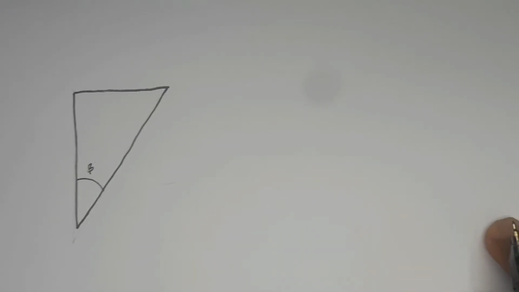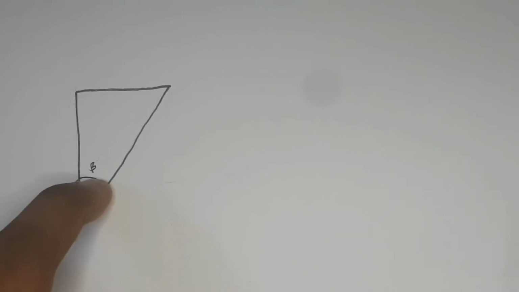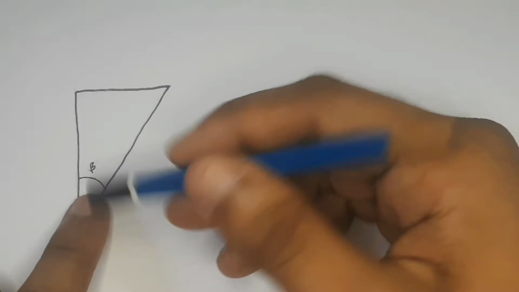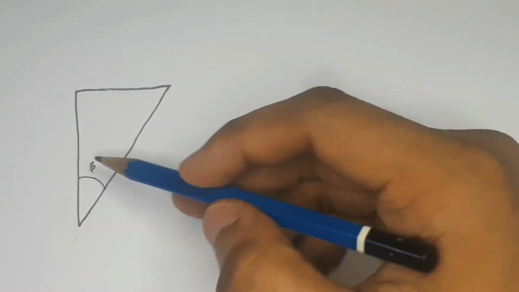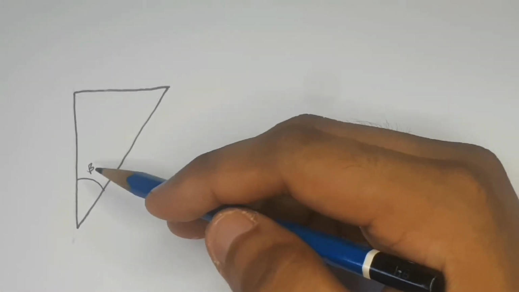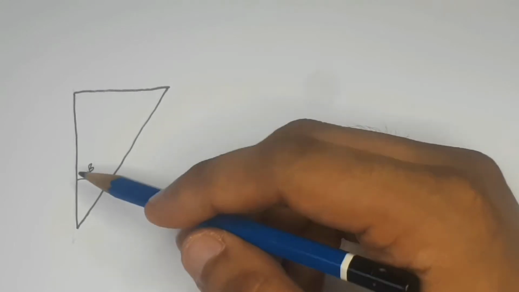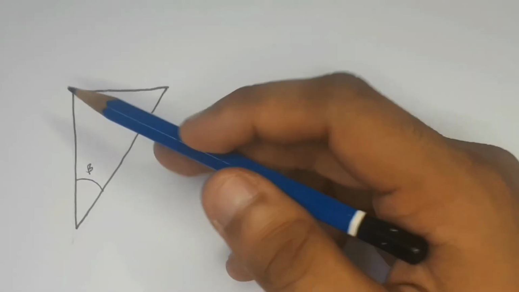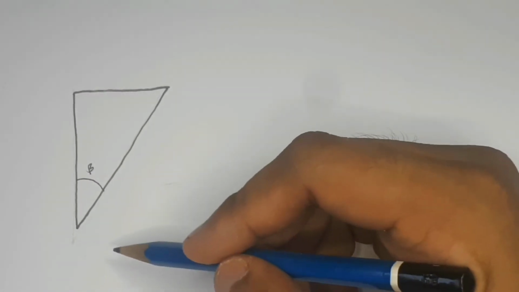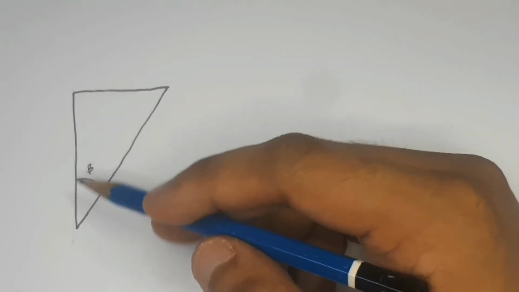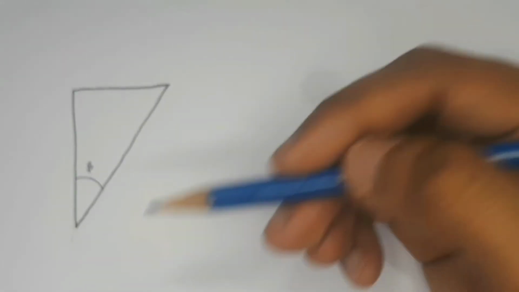So how are we going to compute for the value of our latitude and departure? Take note that we have here angle beta. This angle beta is what we call the bearing angle, and we know that bearing angle is the angle which is referred from the north or south lines. So we usually express bearing as an angle from the north or from the south.